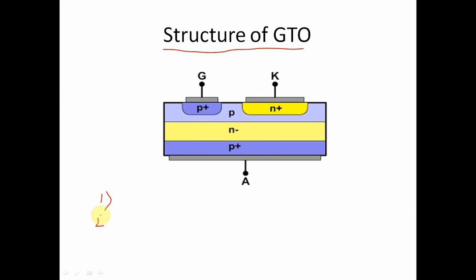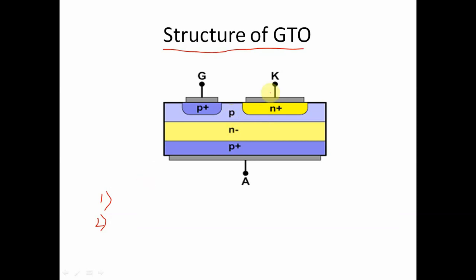Second point, this structure consists of three terminals: anode, cathode and gate. Anode is connected to the P plus region, cathode is connected to the N plus region and gate is connected to the P region. Third point, GTO is a PNPN device.